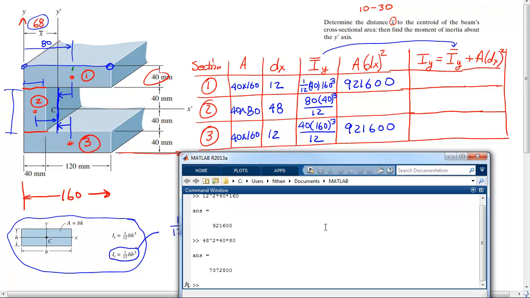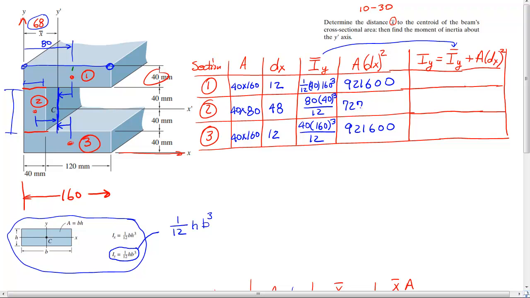Big number, 737.28. Two zeros. Now what I do is I take this number, add it to that number, put it right there. A little bit difficult to do, but we'll do it real quick.